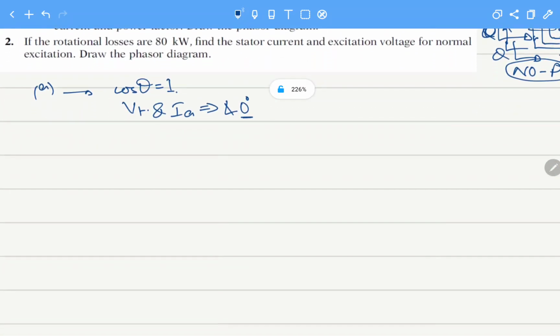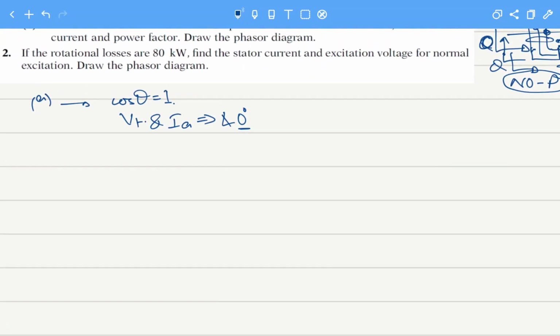So how can we do that? This is also a Y-connected machine, and let's make its per-phase equivalent. This is Vt, and this is Xs.